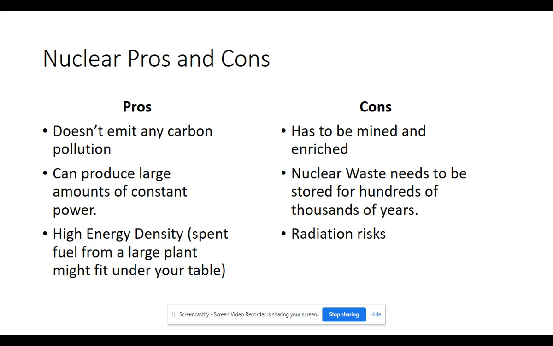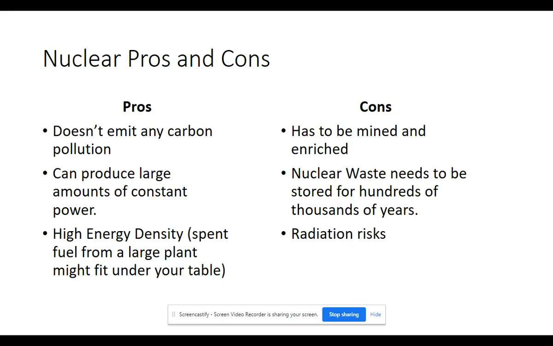Anytime we're doing mining, that's not so great. It's bad for the environment. You're having to run dump trucks and excavators and all that kind of stuff. Plus, it's just really hard on the environment to be tearing up that big of a chunk of land. Also, you're disrupting that area and you're messing around with nuclear radioactive material.